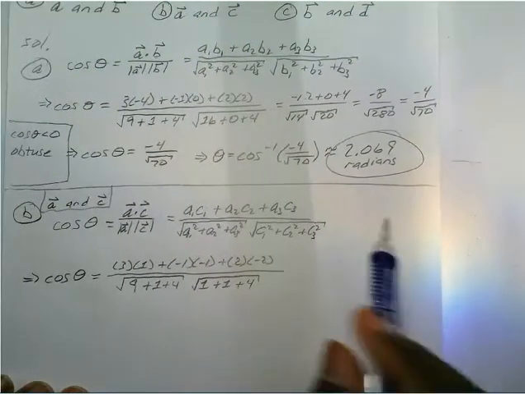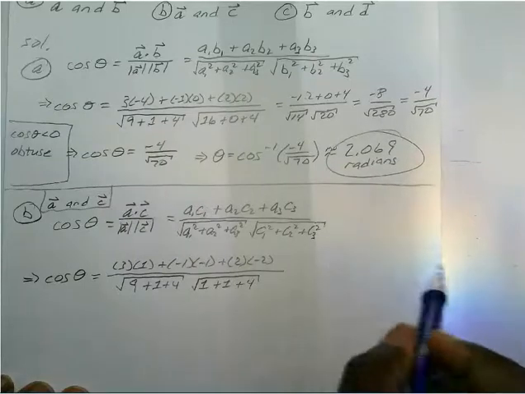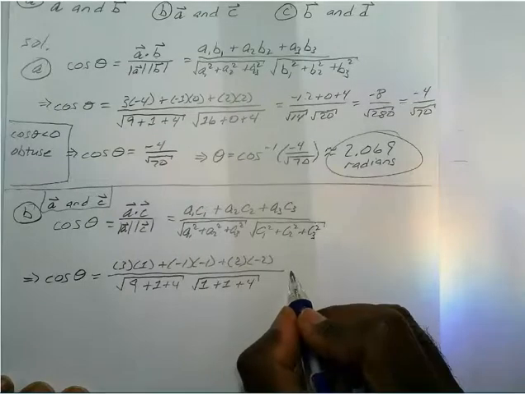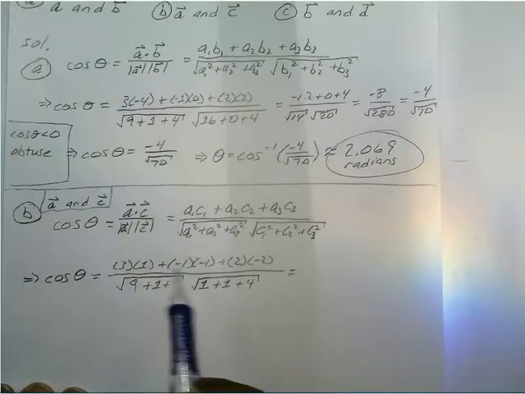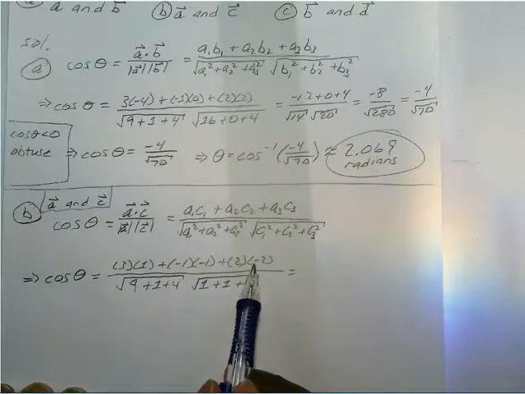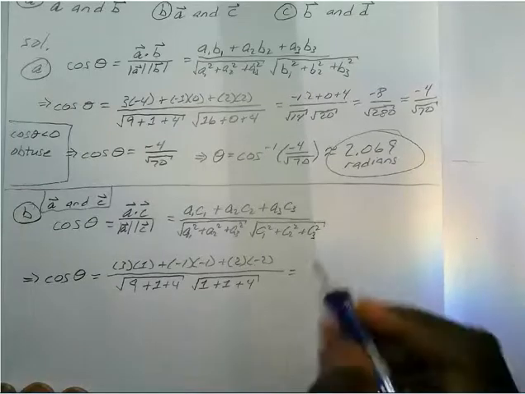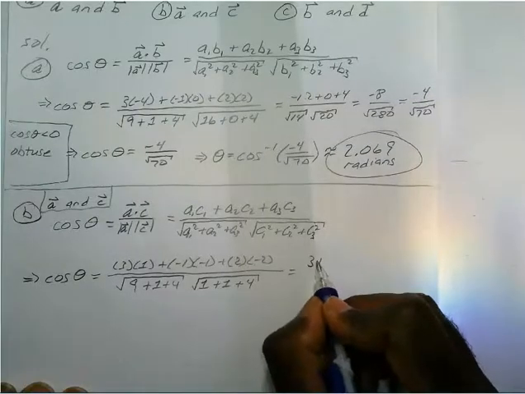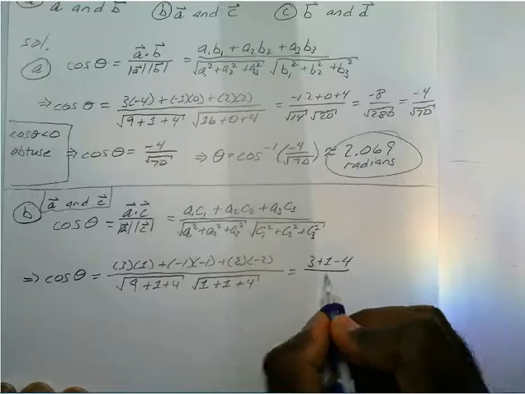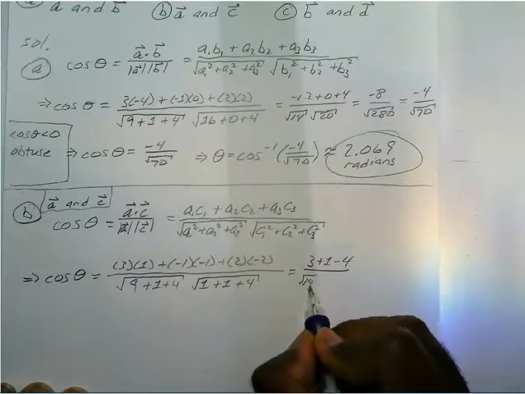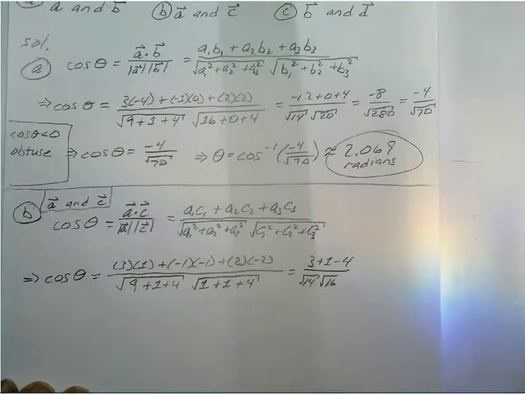Okay, please excuse the glare as the sun moves. So that's going to equal 3 plus 1 minus 4 over square root of 14 times the square root of 16.